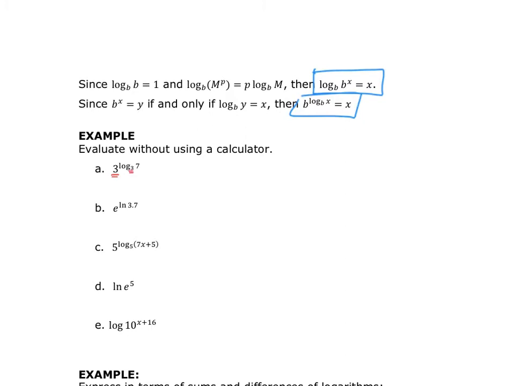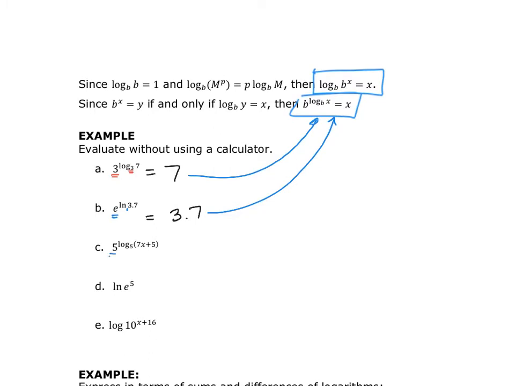If that's true, then this is just going to equal 7, and the reason that's going to just equal 7 is because I'm using this rule right here. This is base e, and I see natural log, so that is base e. So b is just equal to 3.7. And again, I'm using this rule right here.